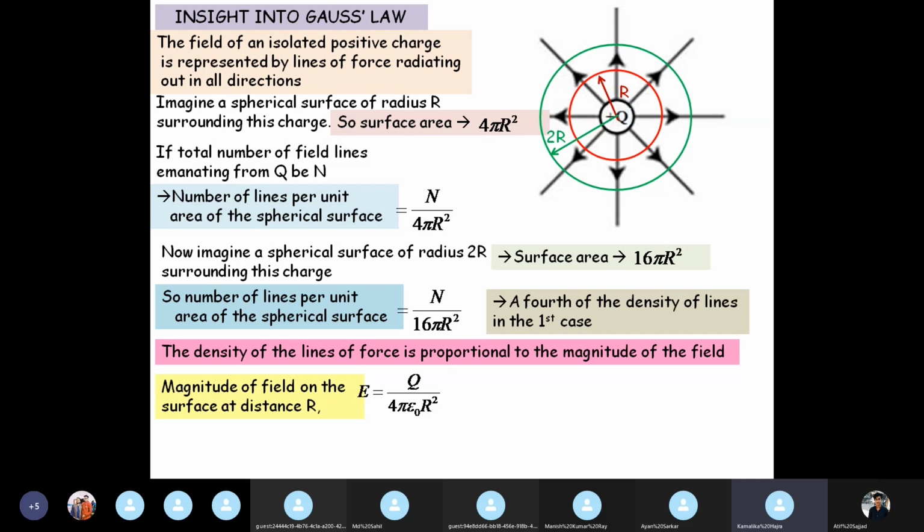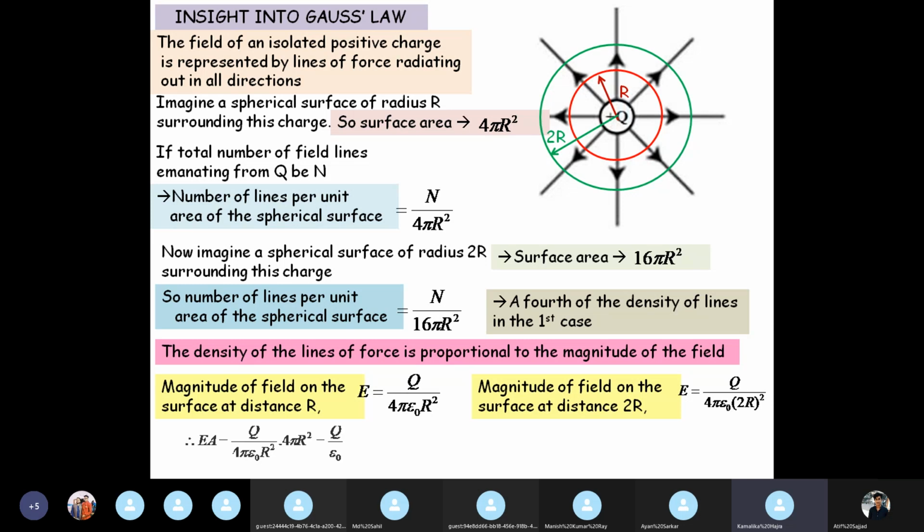So for this charge Q, anywhere on the surface of the red sphere, the value is Q by 4 pi epsilon naught capital R square, right? Whereas for the green sphere, the magnitude of the electric field anywhere on the green sphere is Q by 4 pi epsilon naught 2r whole square, right?